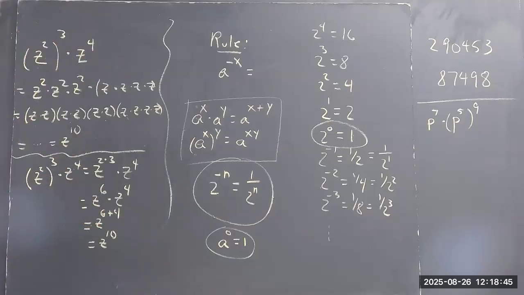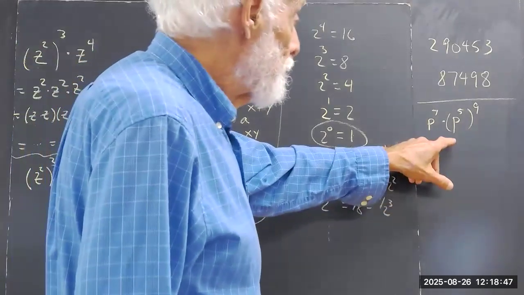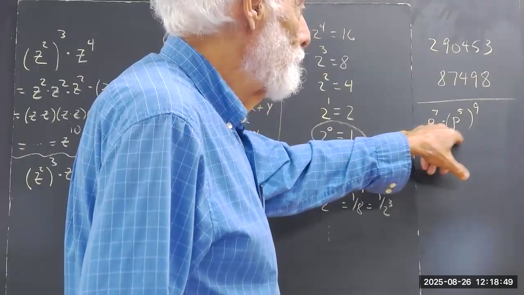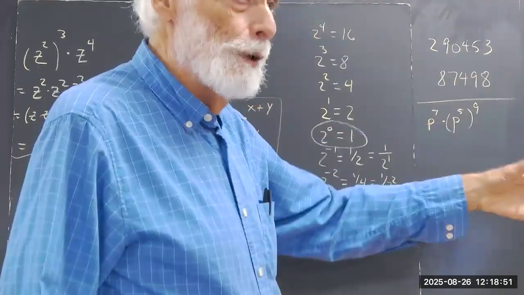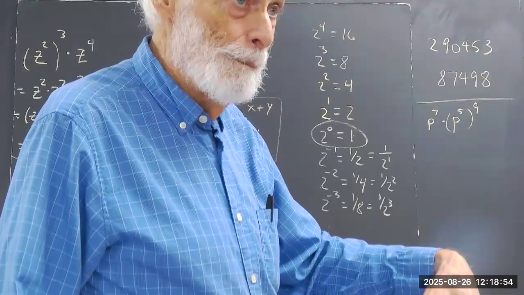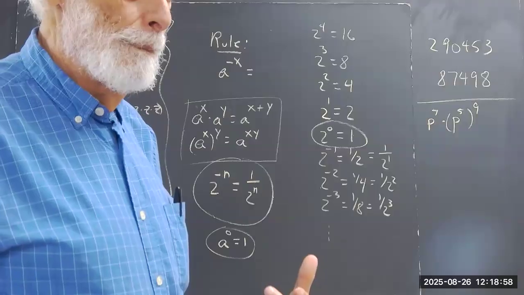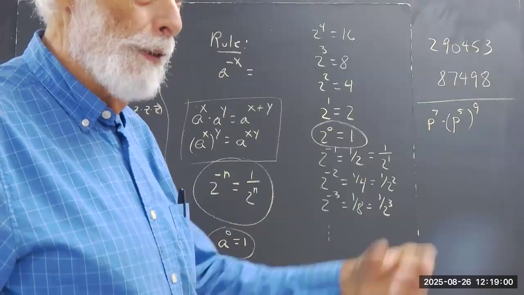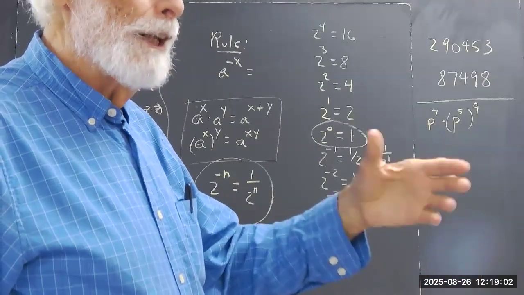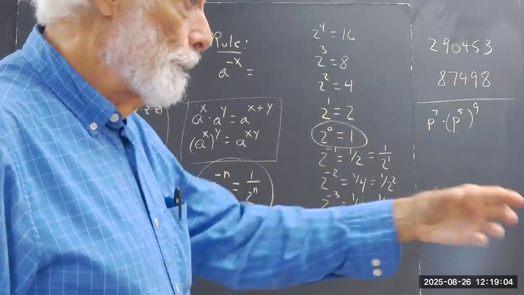Now I threw a little bit of a curveball at you by writing the power of a power second rather than first. But do you understand why you can't apply the first rule? It's not p to this times p to that. You've got to get it down to p to this times p to that.